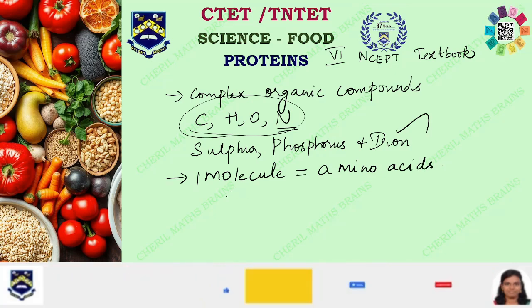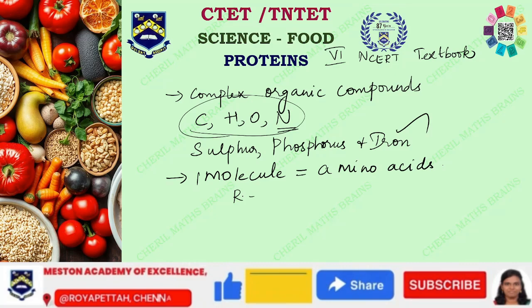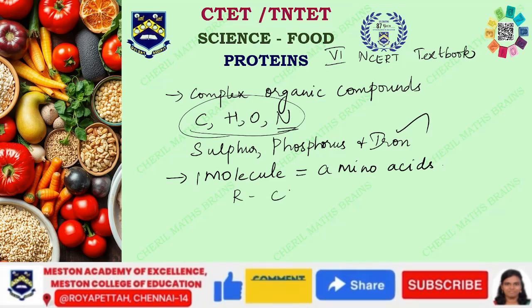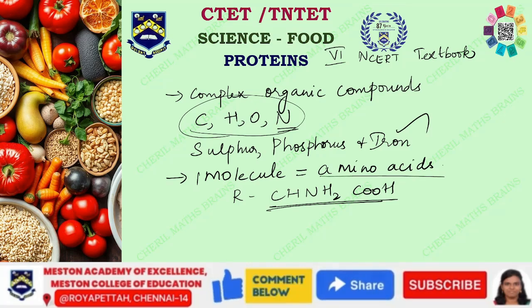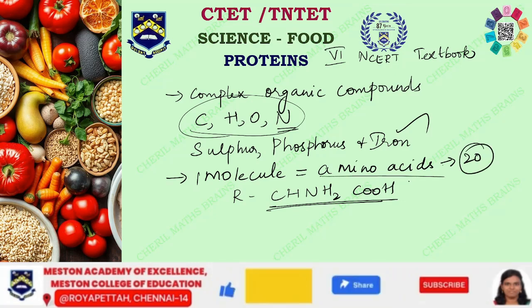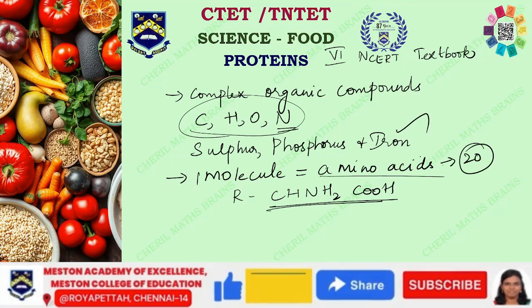So you can have R as some group, then it is going to be CH, NH2, COOH. This is what you call an amino acid. And in our body, there are 20 different amino acids. This you need to remember. There are 20 different amino acids in our body.